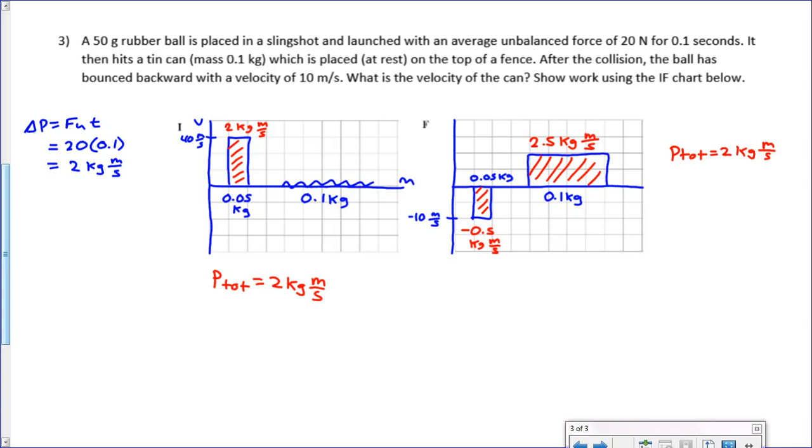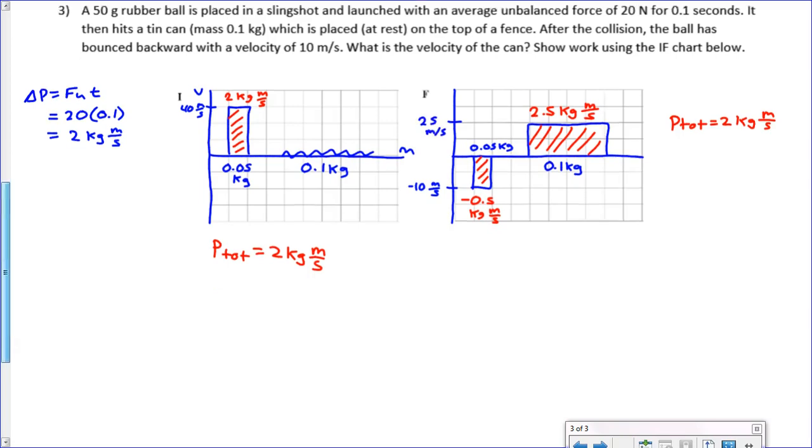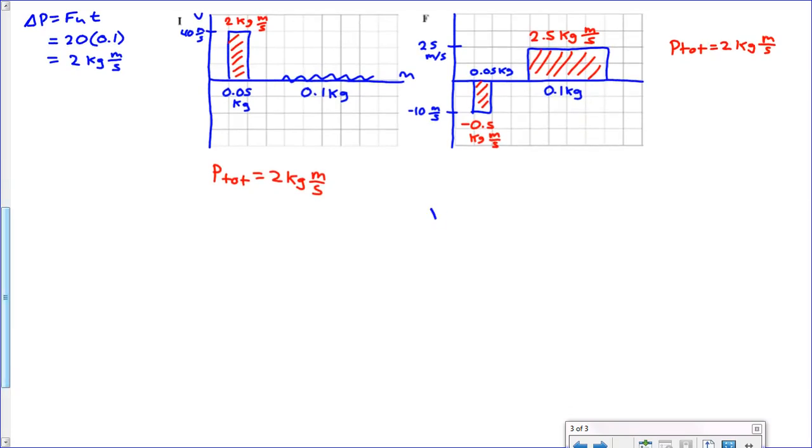All right, total momentum is 2. We got that from the initial part of this. And then as a last step, you can take the momentum of 2.5 kilogram meters per second and divide it by 0.1 kilograms, and you get 25 meters per second. So V final in this case equals 25 meters per second.